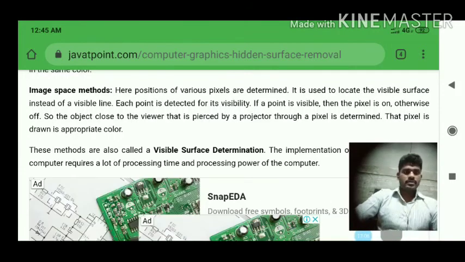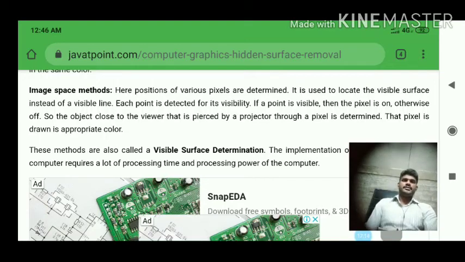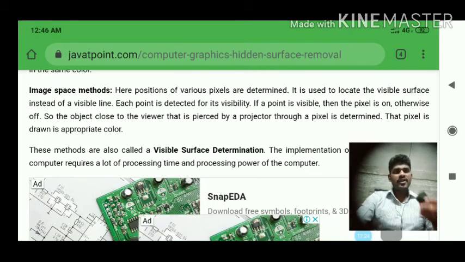On screen, the object is visible. The image is nothing but the object image. So what is image space method? Here only images. Object space method means the object, the real physical object.